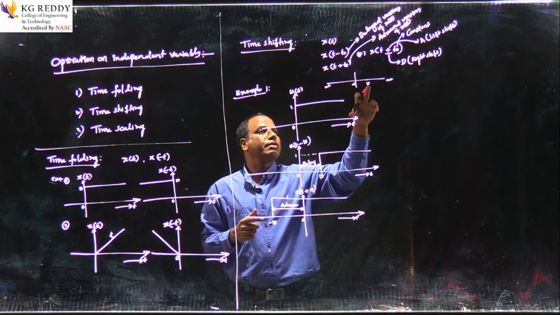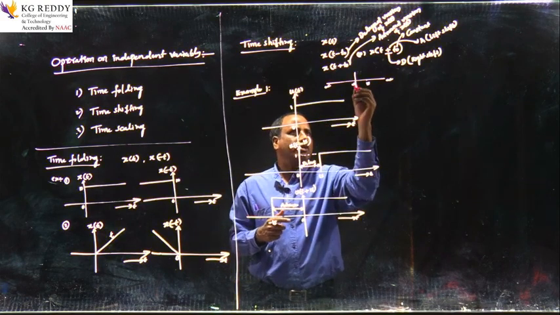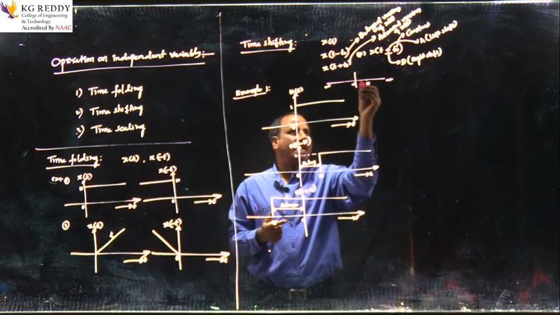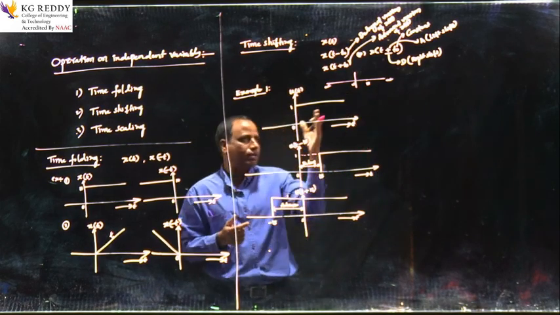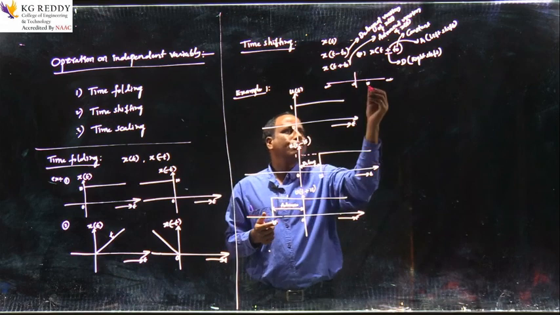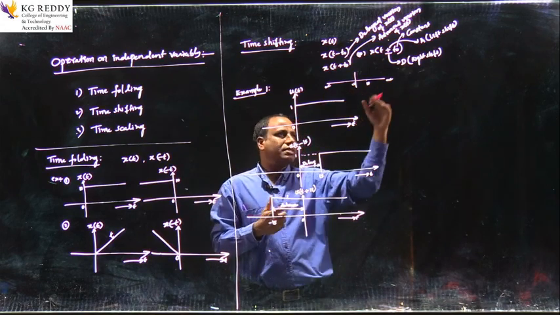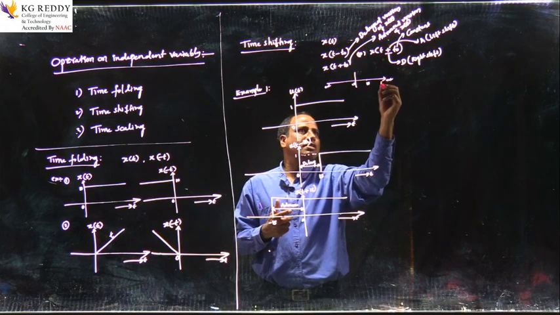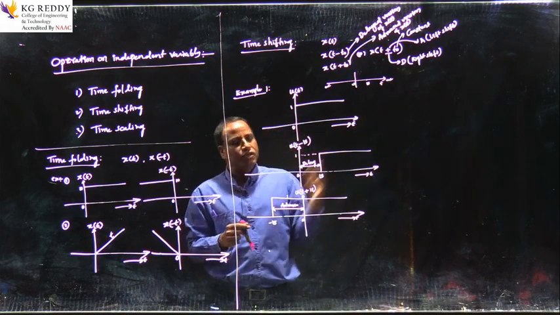Suppose the class was supposed to start at 0, or at 9, but due to various reasons it has not started at that time. It has been delayed by 15 minutes. So we move on the time axis towards the right side. That's the reason delay means right shift.